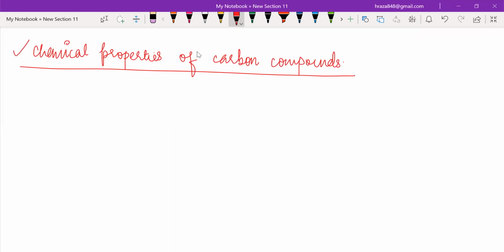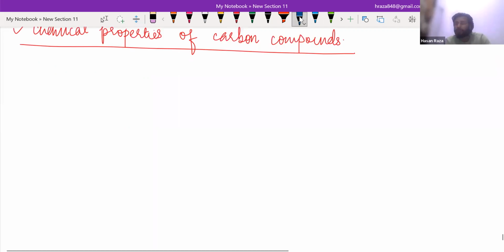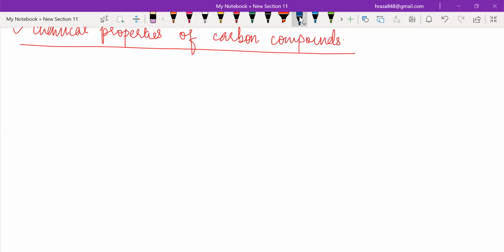Chemical properties of carbon compounds, very easy and very interesting. So we are going to start this chapter topic, chemical properties of carbon compounds. That means we are studying the chemical properties of carbon compounds. Here we will react these carbon compounds with different things like O2 for combustion, water and other things.